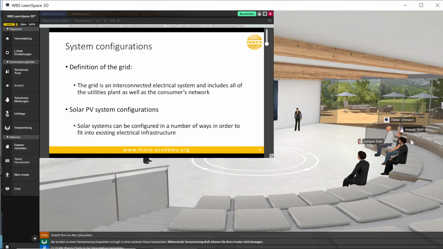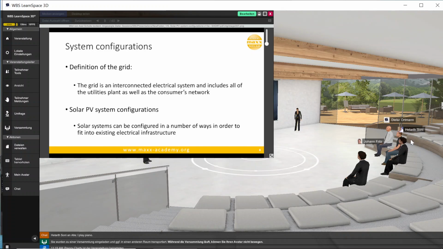So if we're thinking again of South Africa, it would be the coal-fired power stations, the nuclear plants, the hydros, some of the large-scale IPPs, and then all of the consumers' network. And within the consumers' network, we typically now find embedded generation in the form of a residential rooftop and a commercial rooftop system.